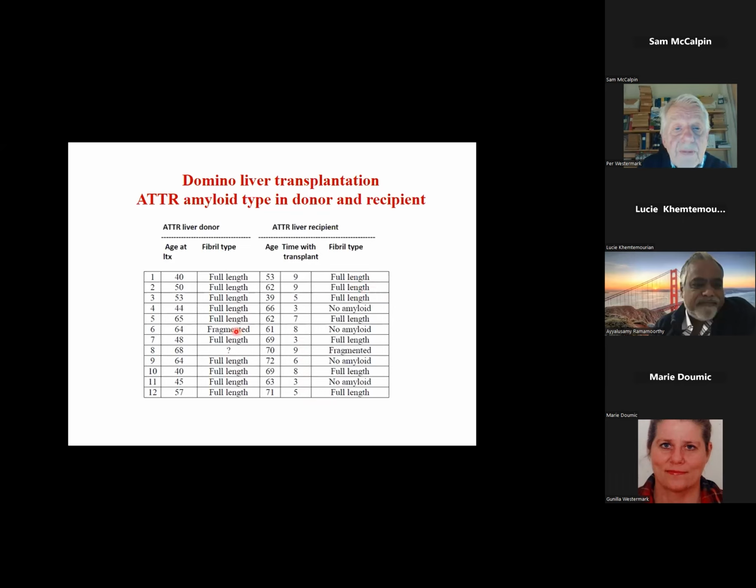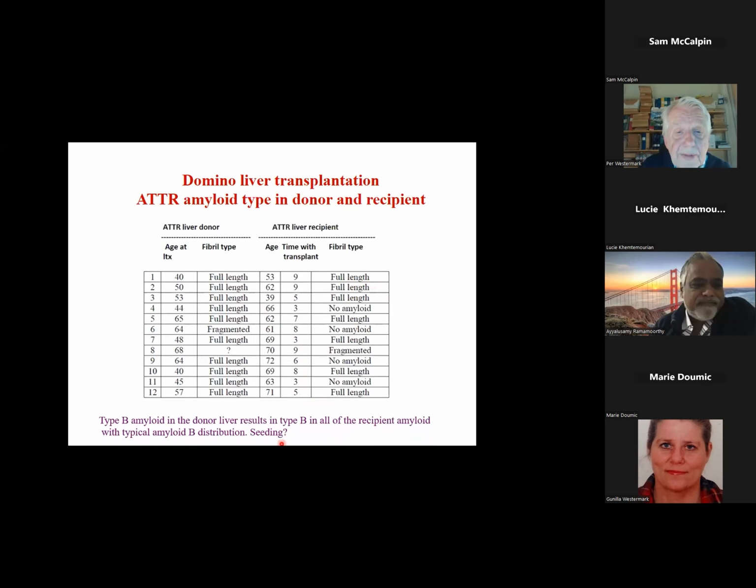We had only one with a donor with fragmented, and that patient did not develop amyloidosis. We can't say anything about that. But it's very obvious that all full-length donors created full-length type B amyloidosis in the recipients.